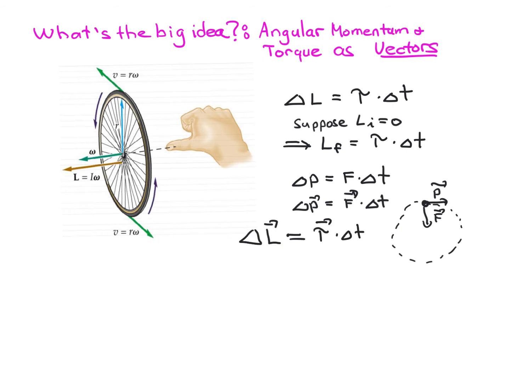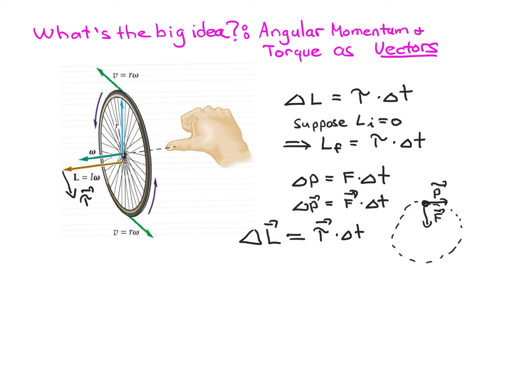And now we want to consider a situation. Suppose you have a bike wheel that's spinning in the direction shown so that its angular momentum points to the left, as is shown. Imagine that somehow you manage to exert a torque that points in a direction shown here, so perpendicular to L. Well, what do you expect to happen?